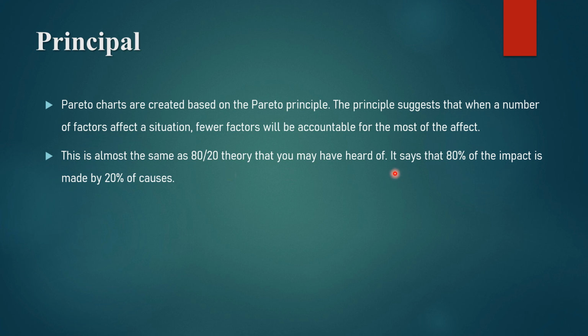It says that 80% of the impact is made by 20% of the causes, which means that fewer factors affect most of the outcome, just like the 80-20 theory says that 80% of the whole impact on the situation is caused by 20% of the causes.